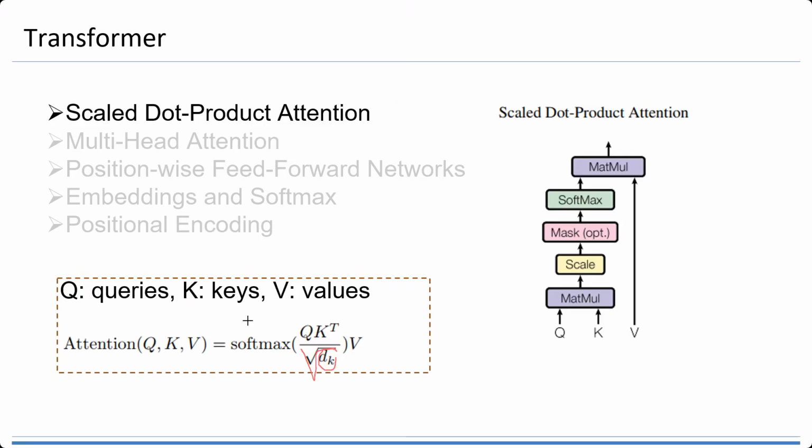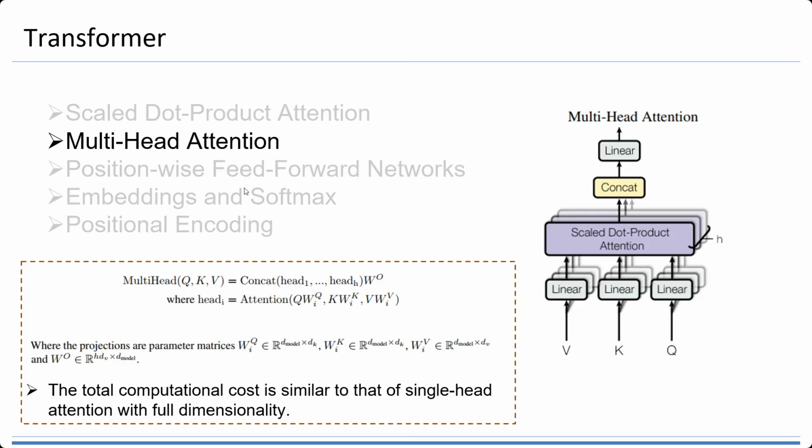Then after we get the softmax, we multiply with V. So this is the mechanism we already looked at before. The scaled dot product attention is the basic attention for the transformer. And we can use the multi-head attention, which means we have several attentions.